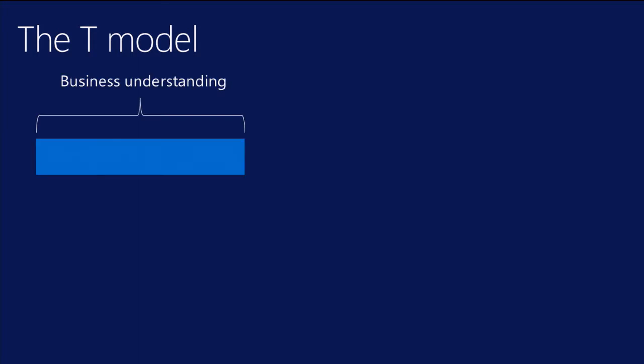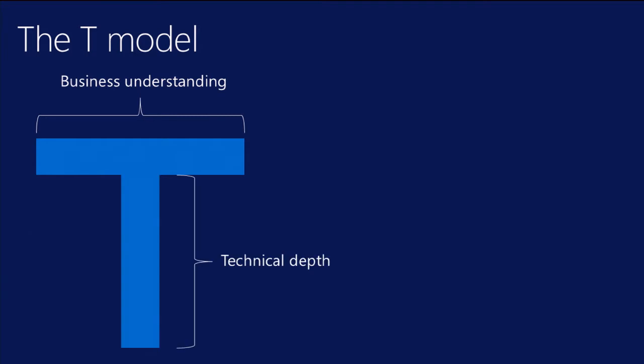Now, do you need developers that know much about the domain? Yes, you do, of course. If you were at my colleague Jimmy's presentation this morning, he talked about something that we call the T model. And the T has two bars. The horizontal bar represents business understanding, and the vertical bar represents technical depth.